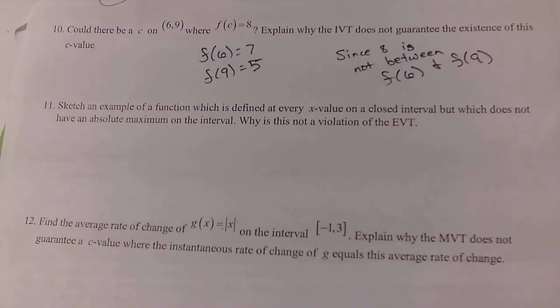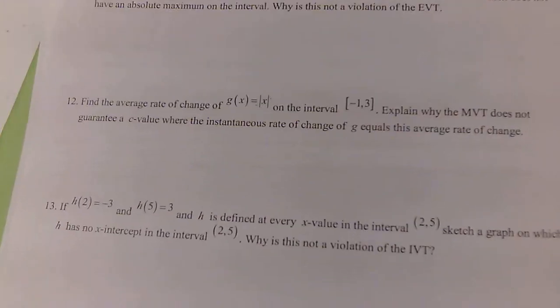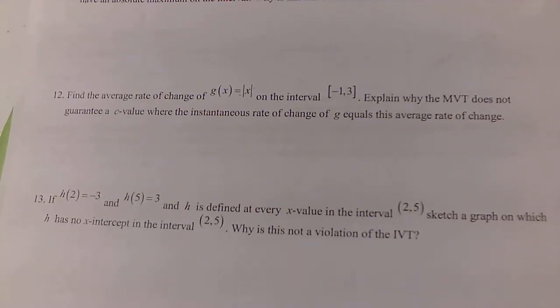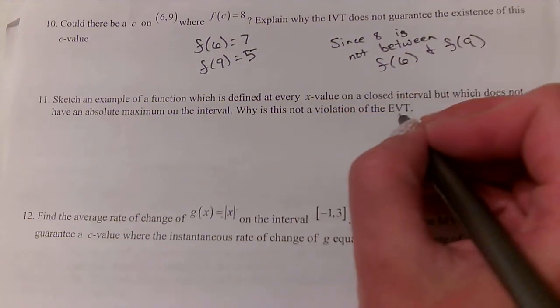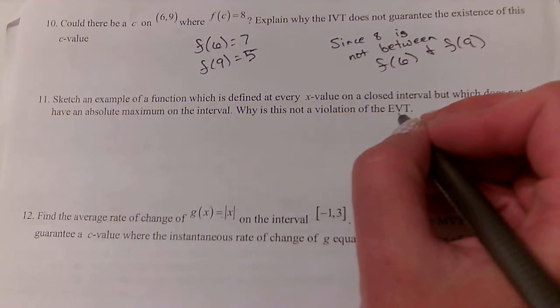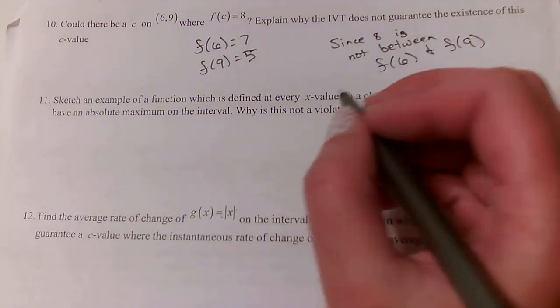No. Oh, this is interesting. So an absolute maximum. I'm going to let y'all play with that one, because there's so many different ways you could draw it. But the thing is, if it's to be a violation of EVT, in EVT you had to be continuous. And this doesn't say it's continuous.